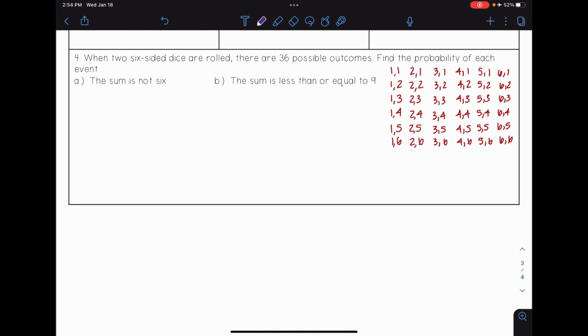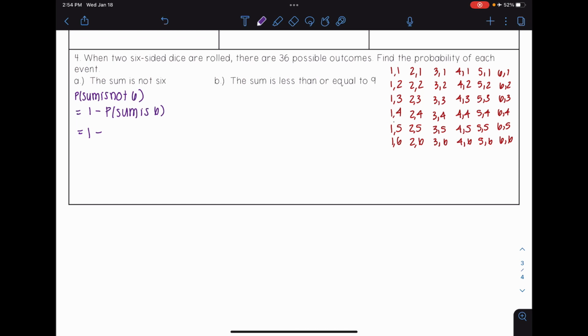So I can instead say that the probability the sum is not 6 is equal to 1 minus the probability of the complement of that event, so 1 minus the probability that the sum is 6. Now that's a little bit easier to find through all of these. I'm looking for all of the options where the two numbers add to 6.